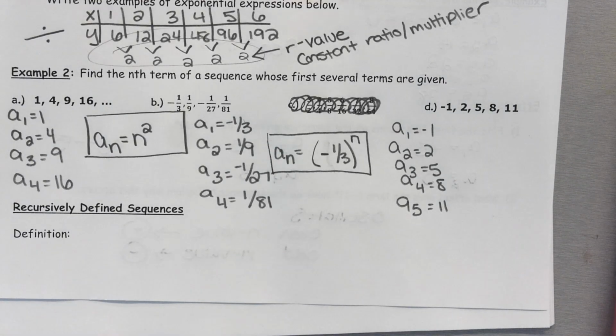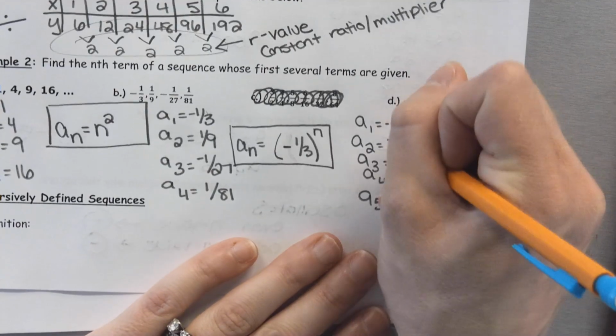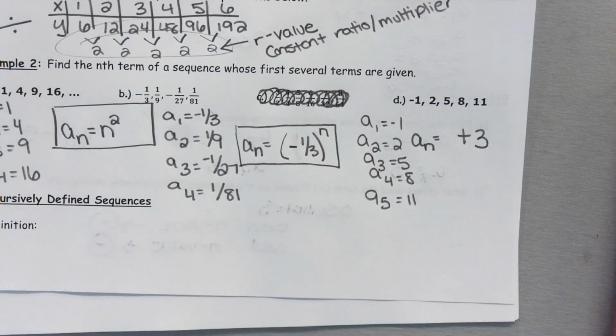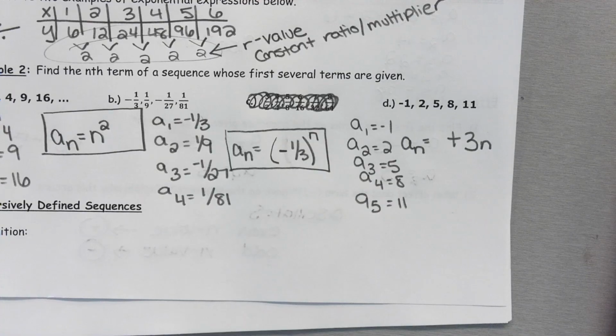What is it constantly increasing by every single time? 3. All right. A sub n equals, so we're increasing by 3 every single time. Lovely. So I'm going to put the n here because this one will get 1, and then this one will get 2, and so on and so forth.